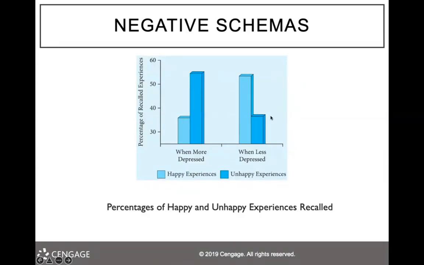Whereas in the less depressed condition, people did not recall the unhappy experiences as much, but the happy experiences more. So it's kind of like contextual-based recall, right? If you're in a bad situation, you will start recalling more bad thoughts and bad emotions and all of that stuff.